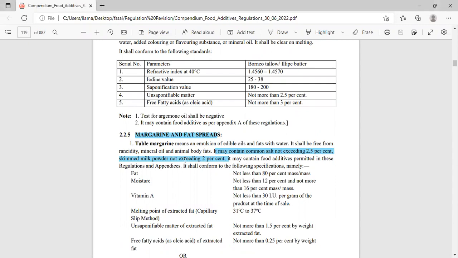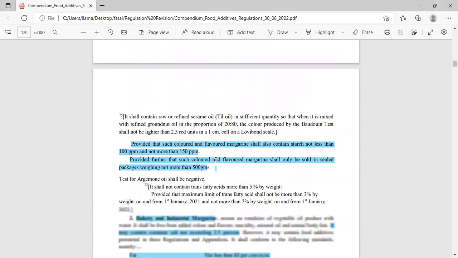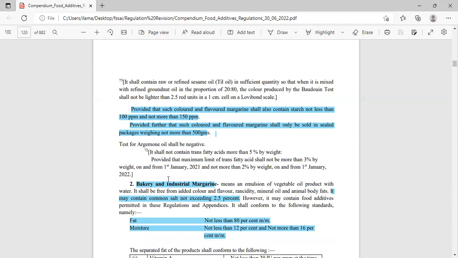It is not exceeding 2%. Next one, in case of flavored margarine, the starch should not exceed 100 ppm to 150 ppm. And then for colored also, it has to be sold not more than 500 grams.